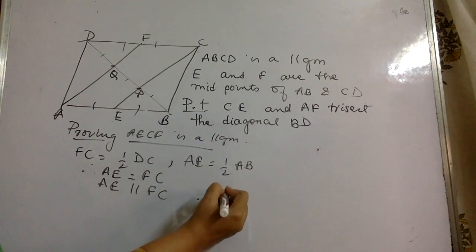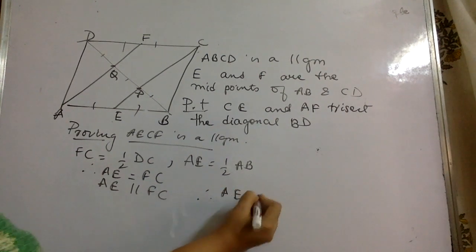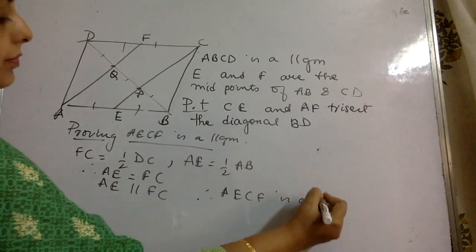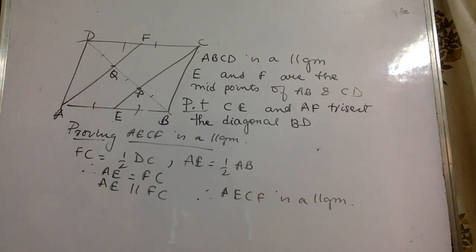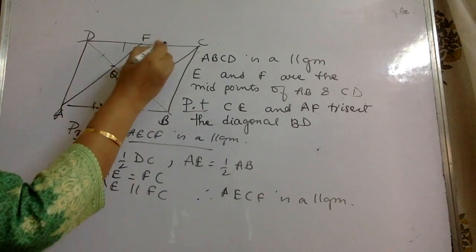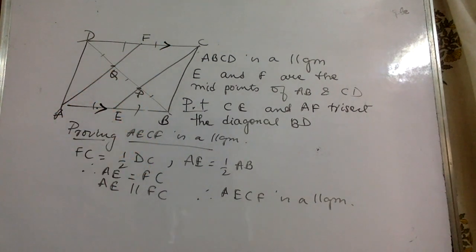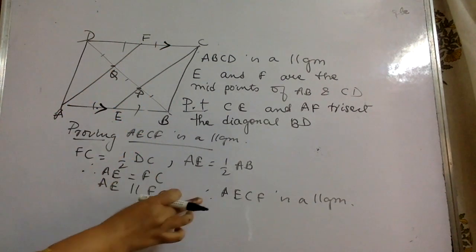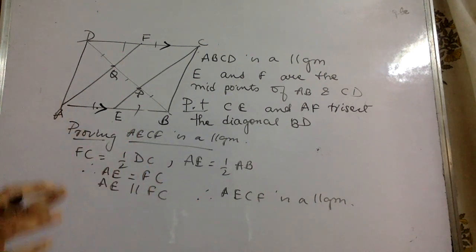Therefore, AECF is a parallelogram, because one pair of sides has been proved to be parallel and equal. Now this concept has been explained very well in my previous video, that is quadrilaterals and parallelograms. You can get the link in the description box.